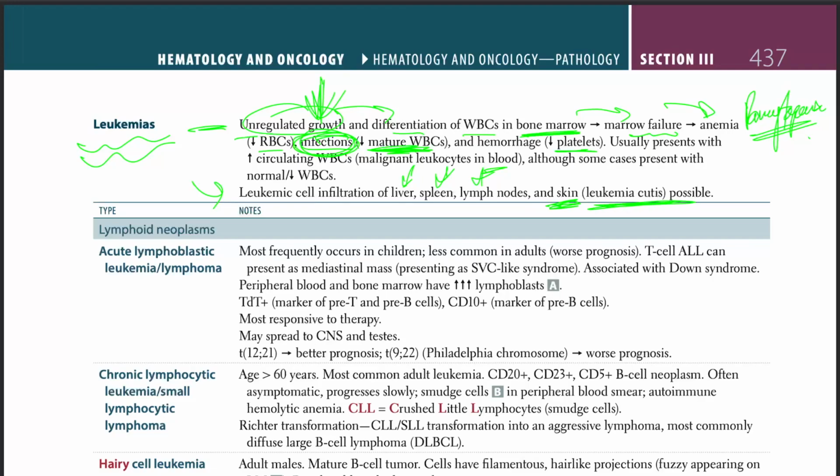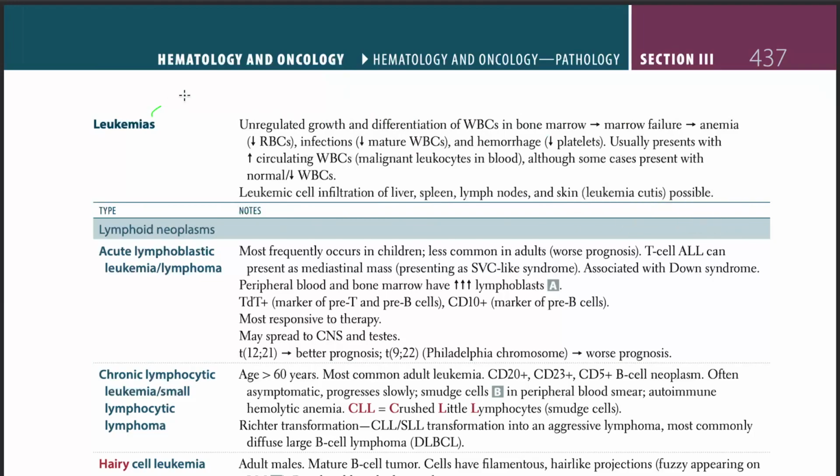Before we move on and talk about the types, let's briefly illustrate acute and chronic leukemias. If you were to talk about acute leukemias, we have neoplastic proliferation of more than 20% blasts seen in the bone marrow.